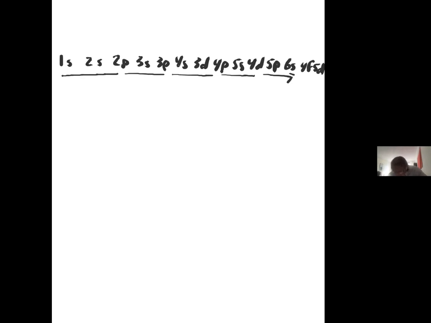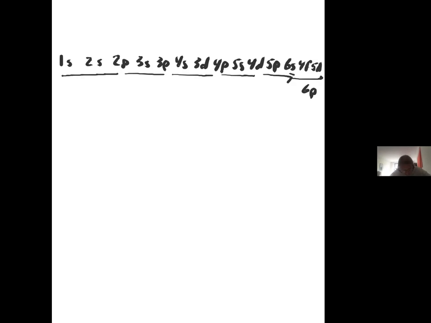I know that's hard to see. Let me make that a little bit clearer. 4f, 5d, and then 6p. And then generally, you don't need to go further than that. I'm going to show you why you don't need to go further than that.